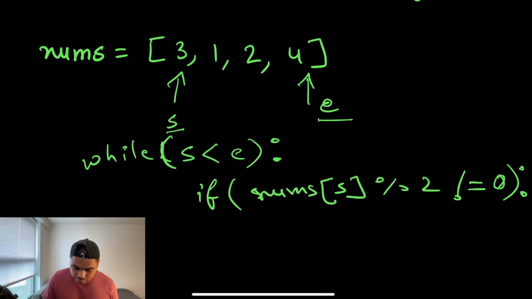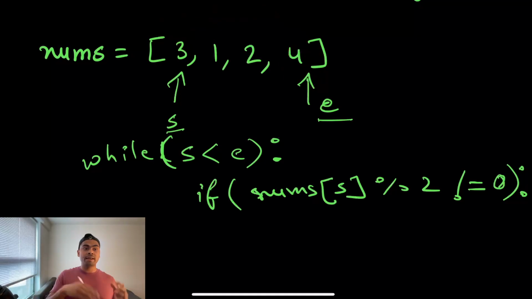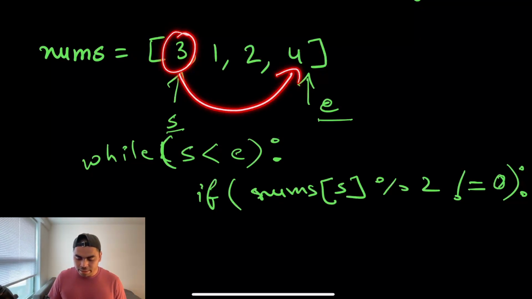But remember, this particular value isn't guaranteed to be even. It's not guaranteed that we are swapping an even value in the front. It could still be an odd value, right? But we at least want to send this one back.